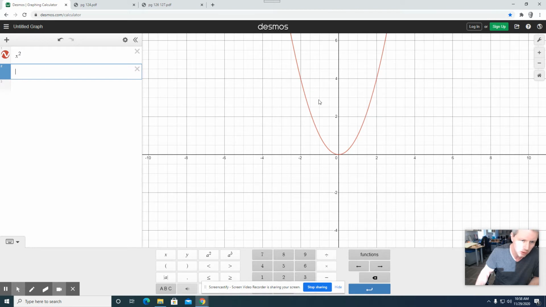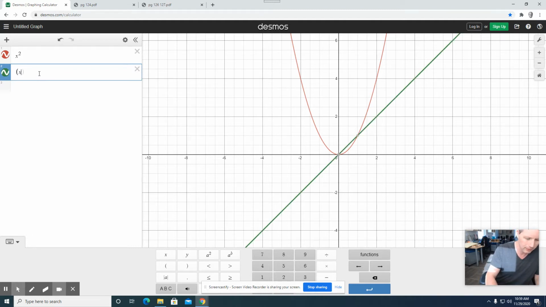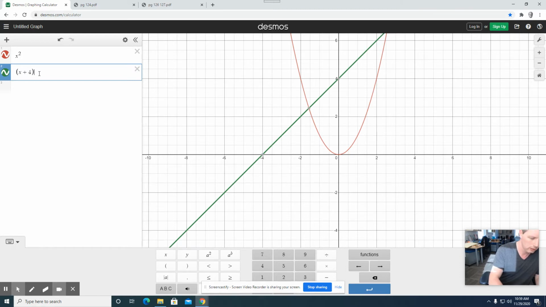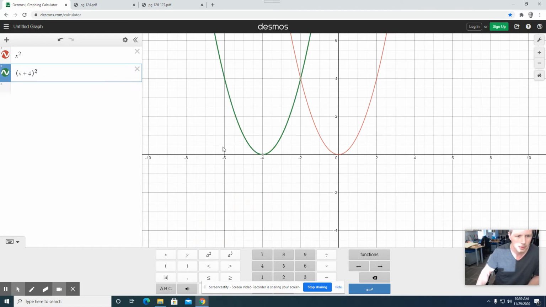If I want to move it to the left, say again 4 units, so I want to go from here to here, then I'm going to replace x in my original function with x plus 4. That will give me x plus 4 squared. And now my function has moved to the left 4 units. That is the effect of replacing x with x plus 4. It shifts my function to the left 4 units.